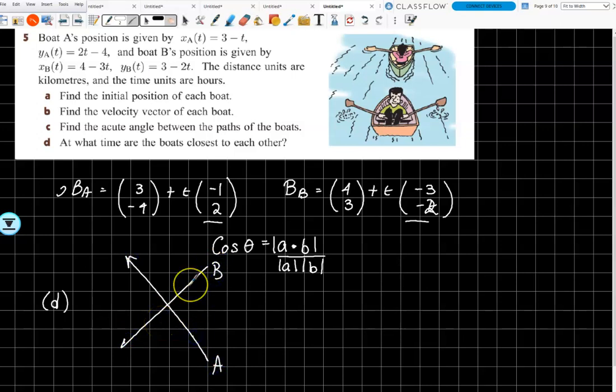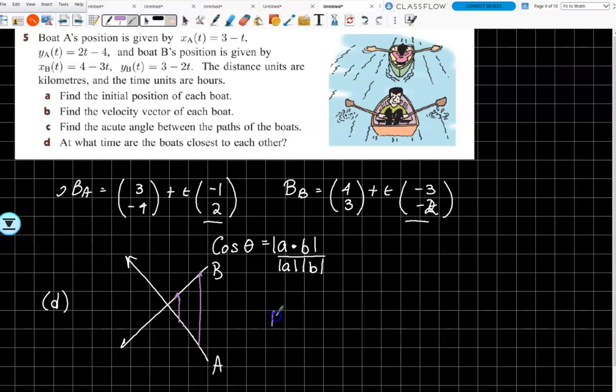So, you might want to do, because they were doing this forever last year, but we want to find AB. Wouldn't that be the position vector between them at any time?